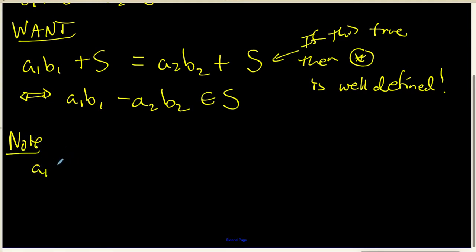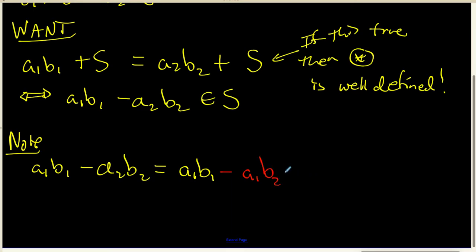If I just start off with A1 times B1 minus A2 times B2, I can do a bunch of things with that, and the first thing that I'm going to do is subtract and add something. The goal here is to do some partial factoring. So I'm going to have A1 B1, and then I'm going to subtract off A1 B2.